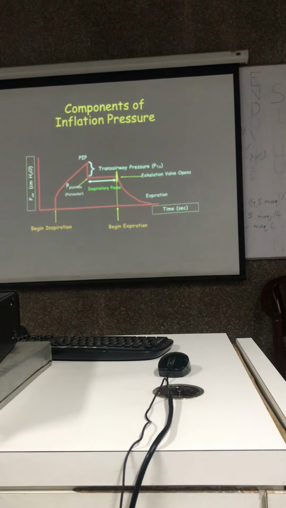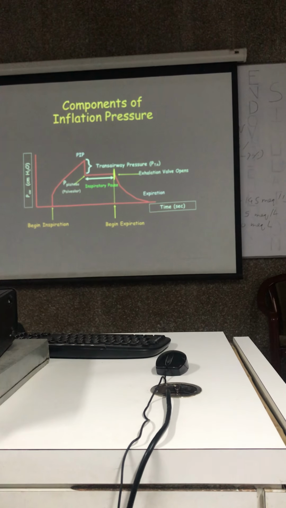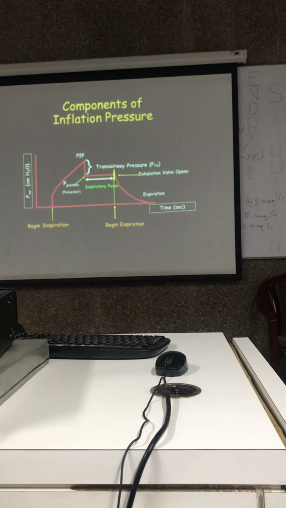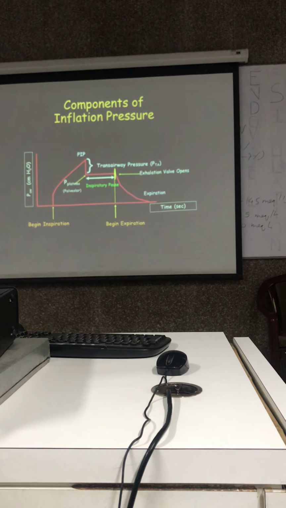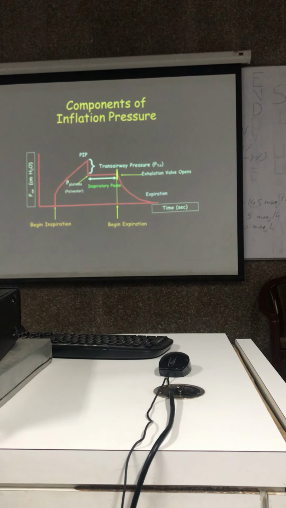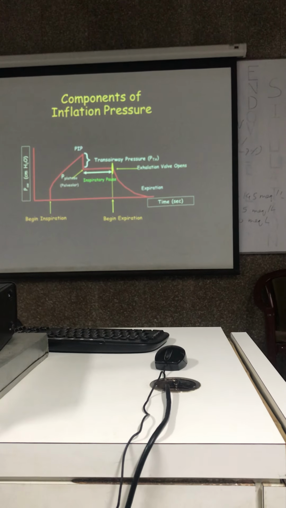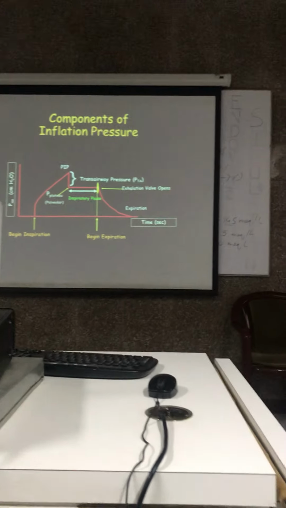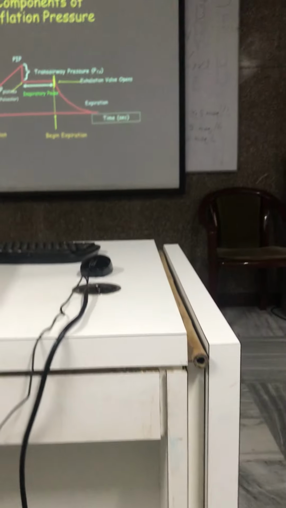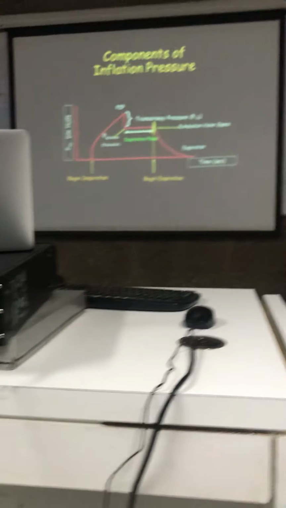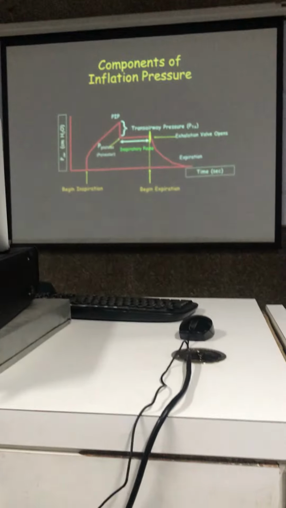Trans airway pressure is the peak inspiratory pressure minus the plateau pressure. So it basically is a determinant of the degree of resistance in your airway, in your bronchi. It corresponds to resistance. Yeah. Okay. All right.